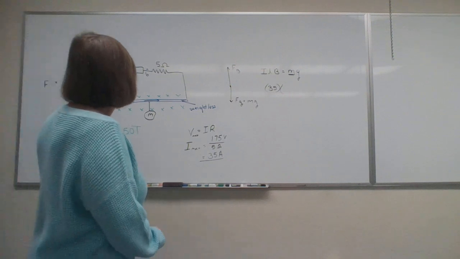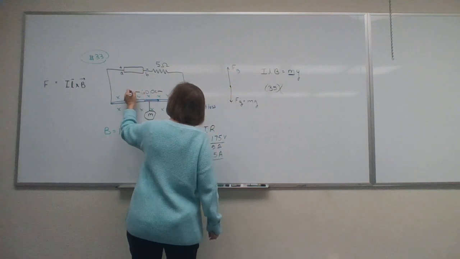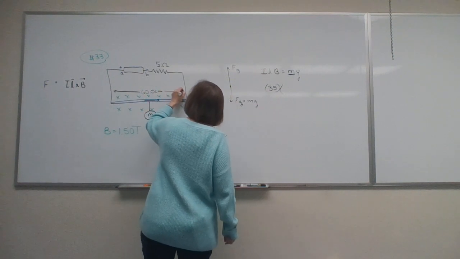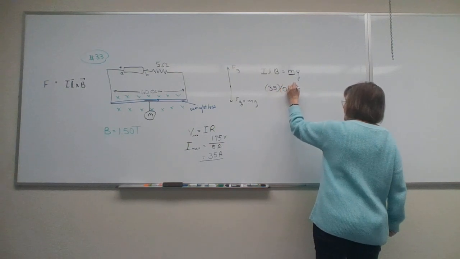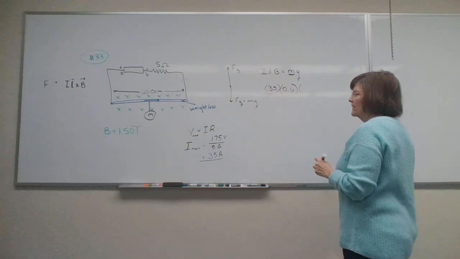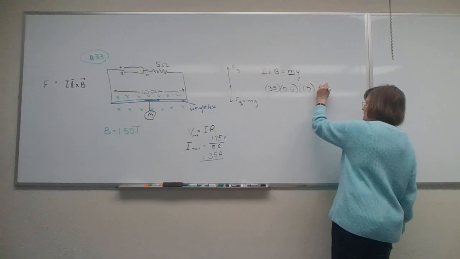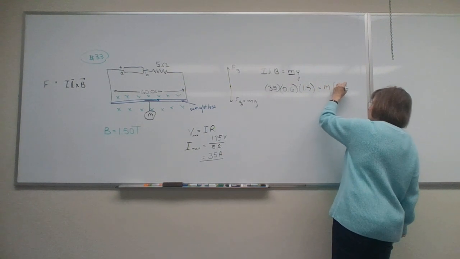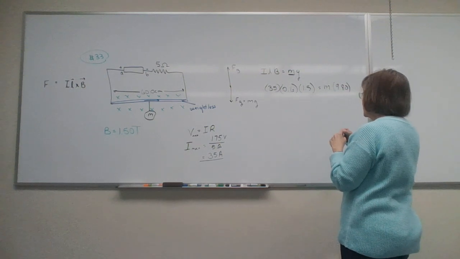So my length, from here to here, is 60 centimeters or 0.6 meters. The magnetic field strength was 1.5 Tesla. That equals m times 9.80. So that's how we're going to try to suspend.